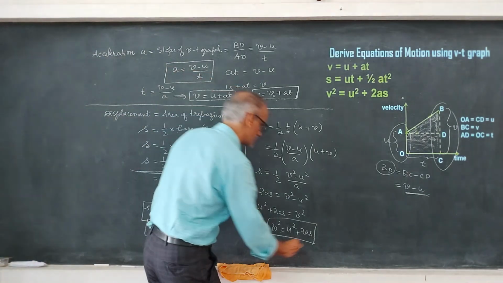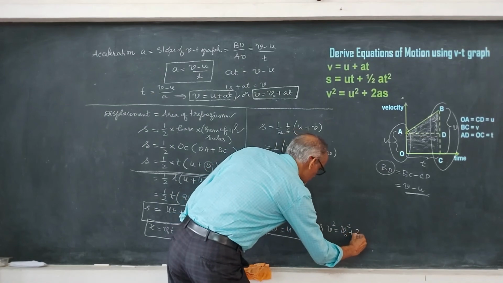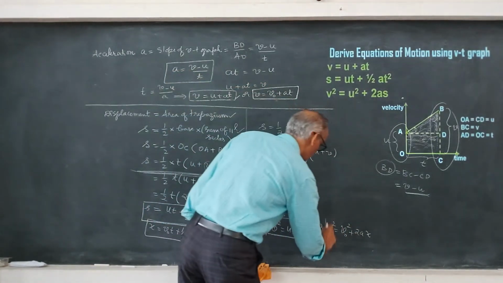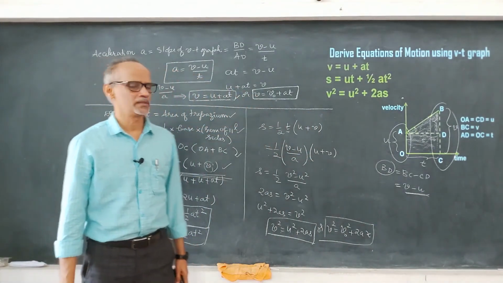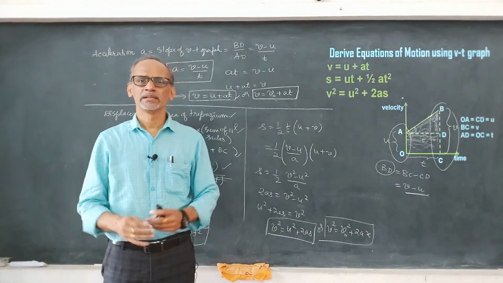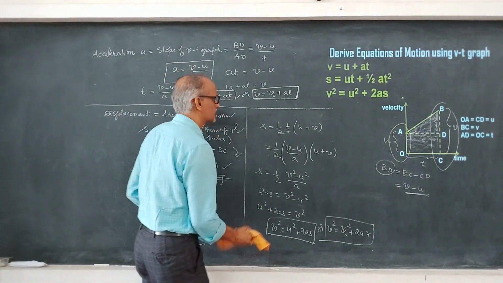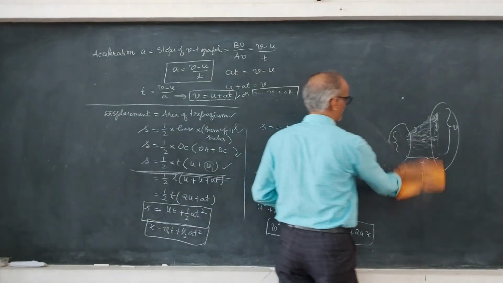An alternative to this is v square is equal to v naught square plus 2ax. That is the alternative equation which they may ask. Okay. So hope you have understood the three derivations, because all the three derivations are important from the exam point of view.